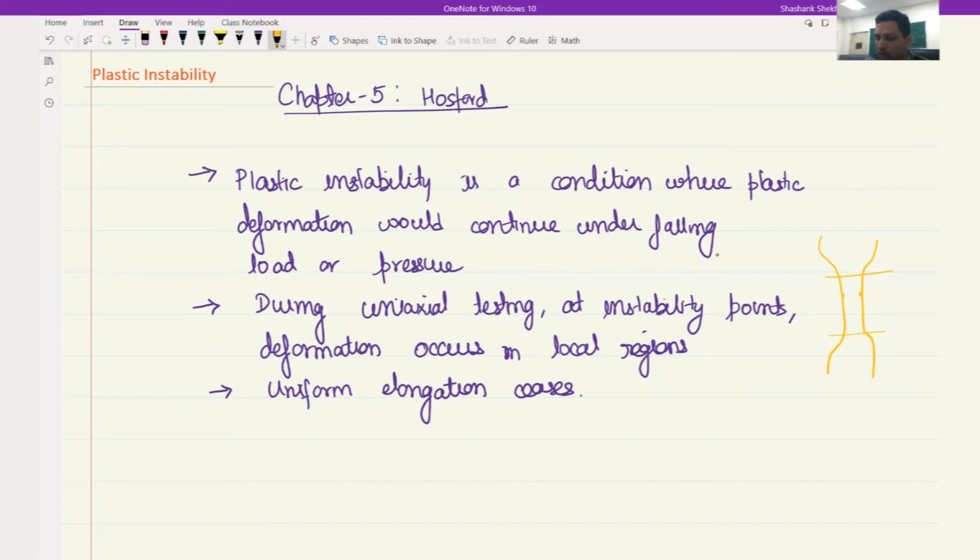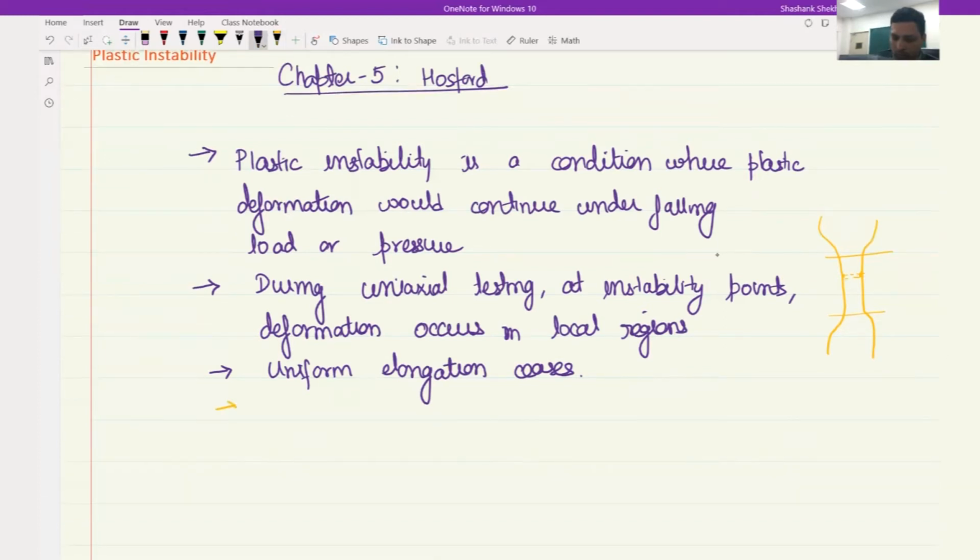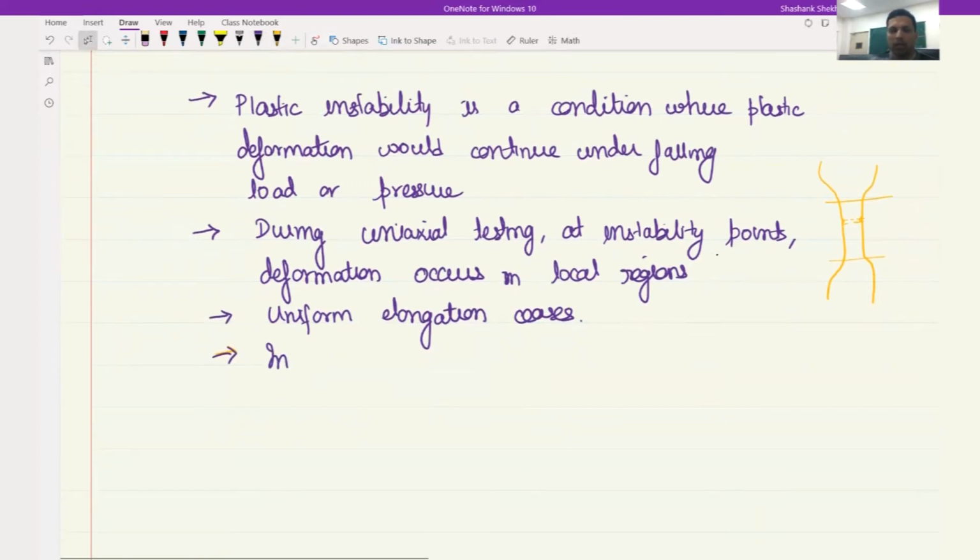Beyond this, the overall stress and deformation would be limited to this region. And that is where the load requirement goes down, even though the deformation keeps happening. So in uniaxial condition, this plastic instability is termed necking.